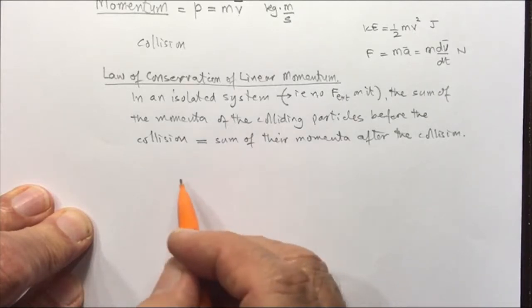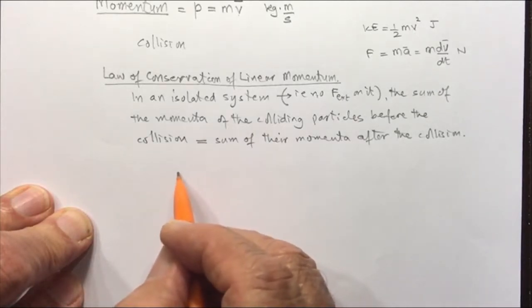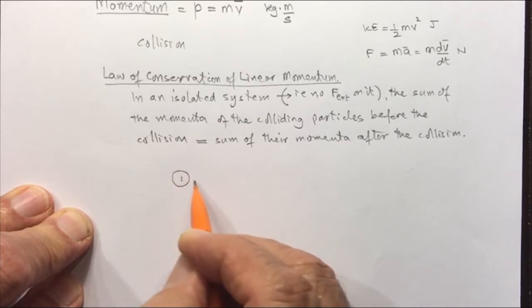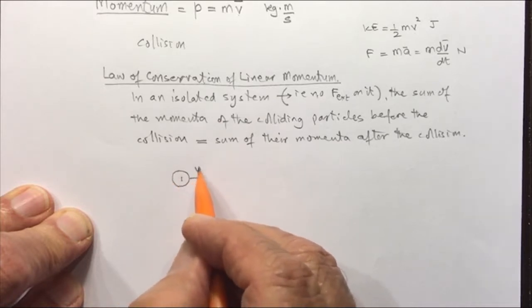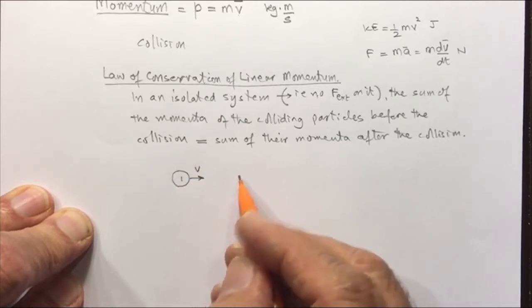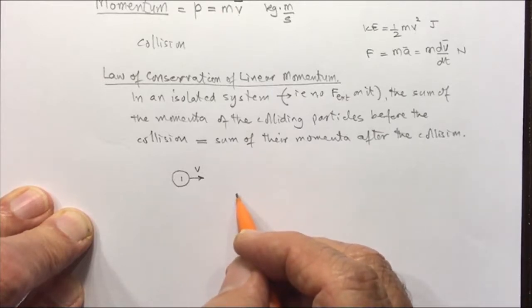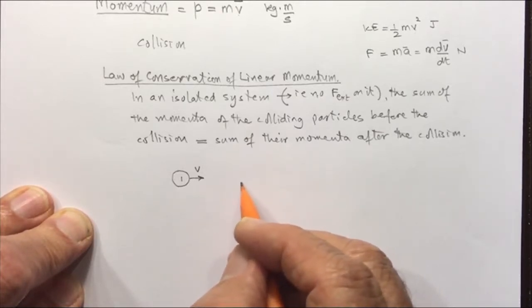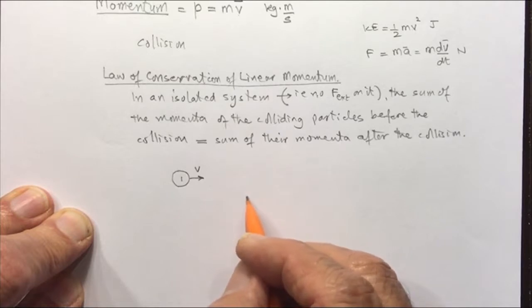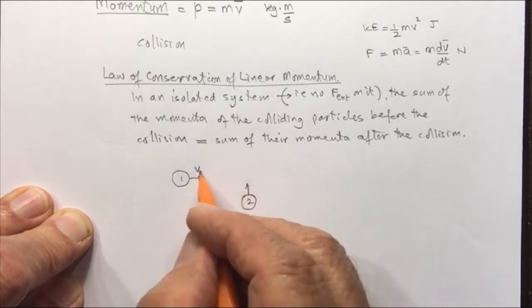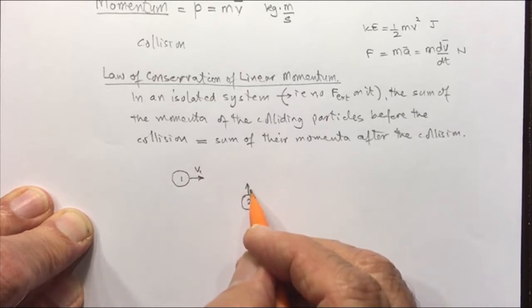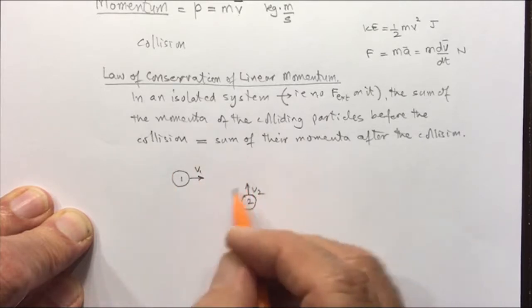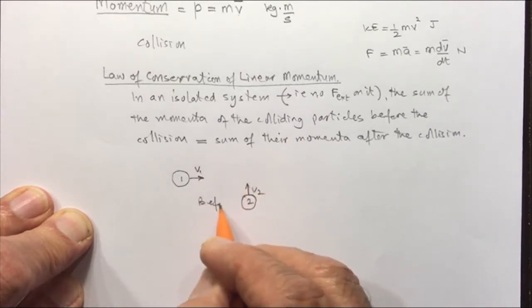Or if we see it as a collision of two particles, you have particle 1 moving with some velocity, and particle 2, which might also be moving with some velocity. These are before the collision.